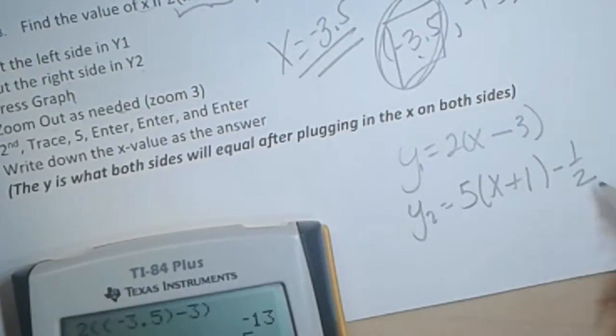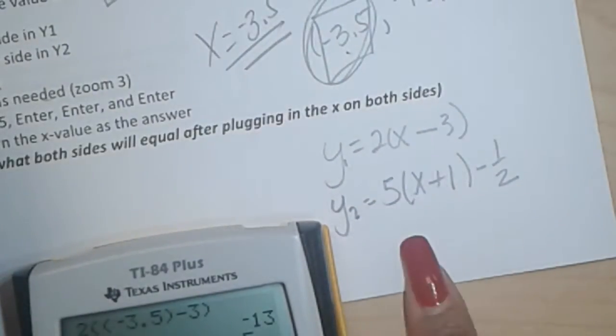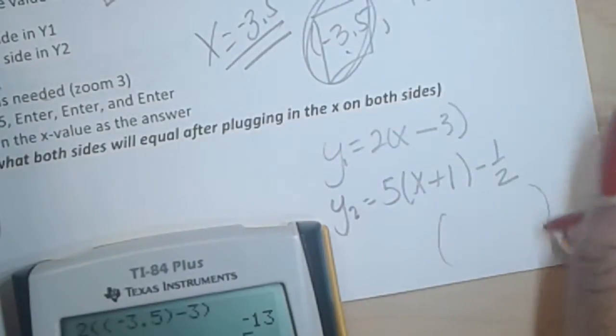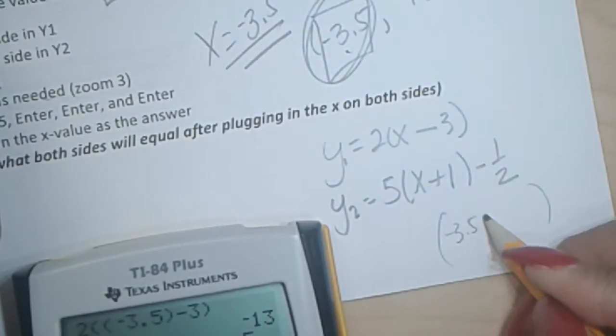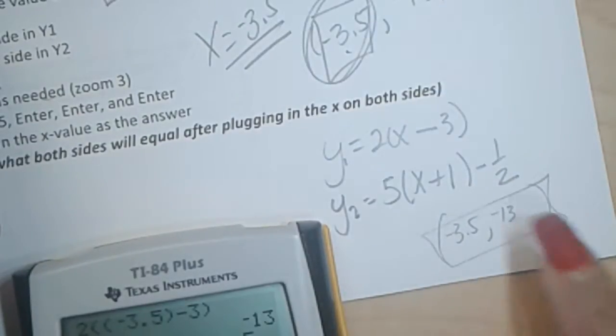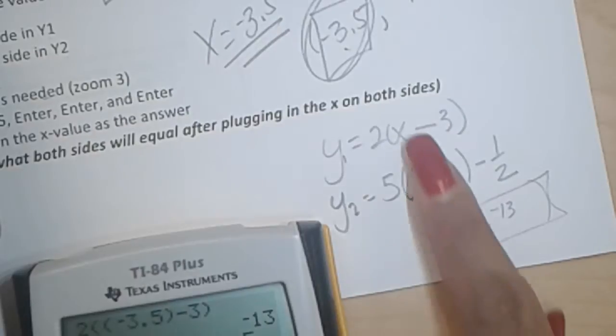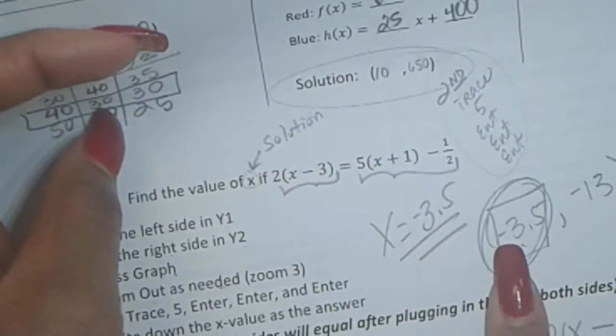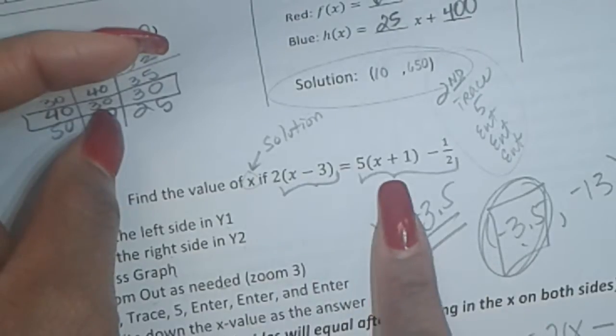That's the system of equations. And the answer would be both numbers, because I need a point now. So this is the answer to the system. This number by itself is the answer to the equation.